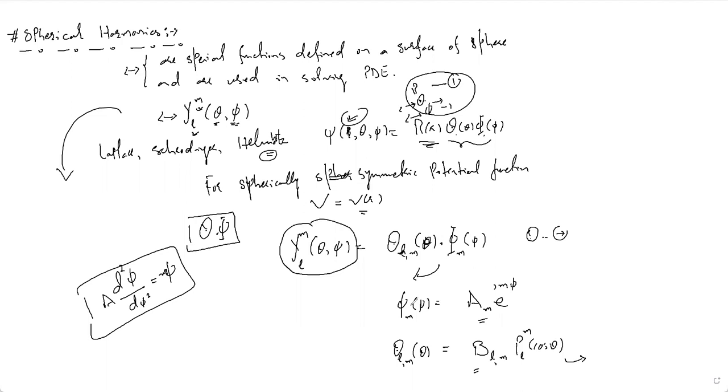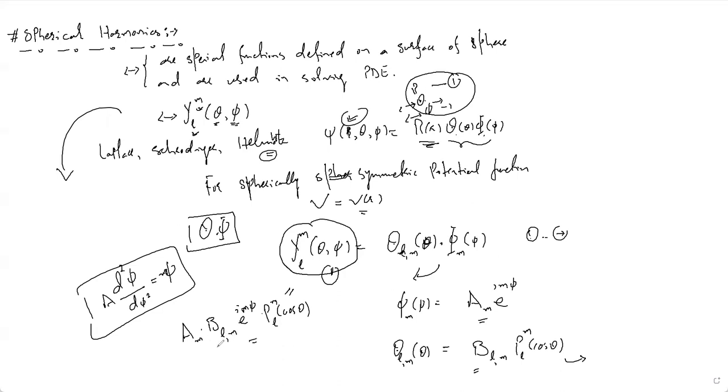So the solution to the phi equation is this, the solution to the theta equation is this, and the spherical harmonic is defined as the product of these two functions. I can write the spherical harmonic as A_m times B_lm, with e to the power i m phi and P_l^m(cos theta).